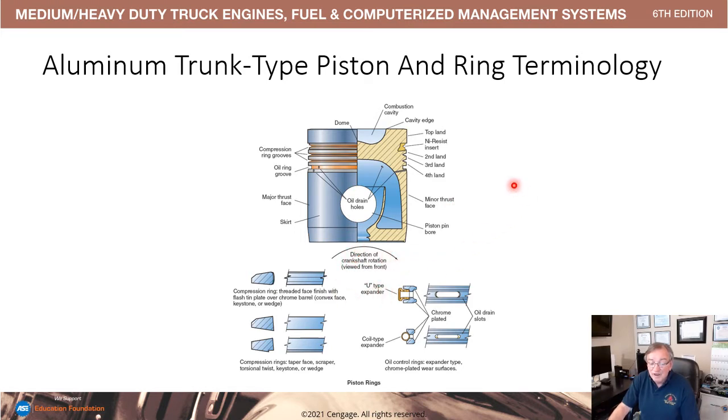So from the front, your thrust face is going to be facing the right-hand side of the engine. We have different types of compression rings here based on wedge shape and keystone shape. We'll get into them a little bit later in depth, and different types of U and coil type oil control rings. These rings are very important in keeping the engine running well.